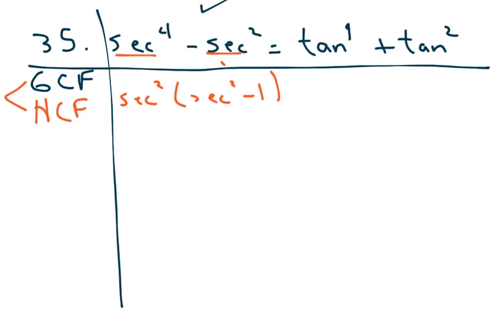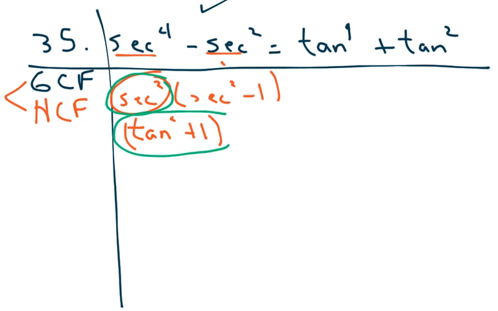So we know that secant squared equals tan squared plus 1. This is what, 35? So this equals tan squared plus 1. So this was this piece. This piece, we know, equals tan squared.